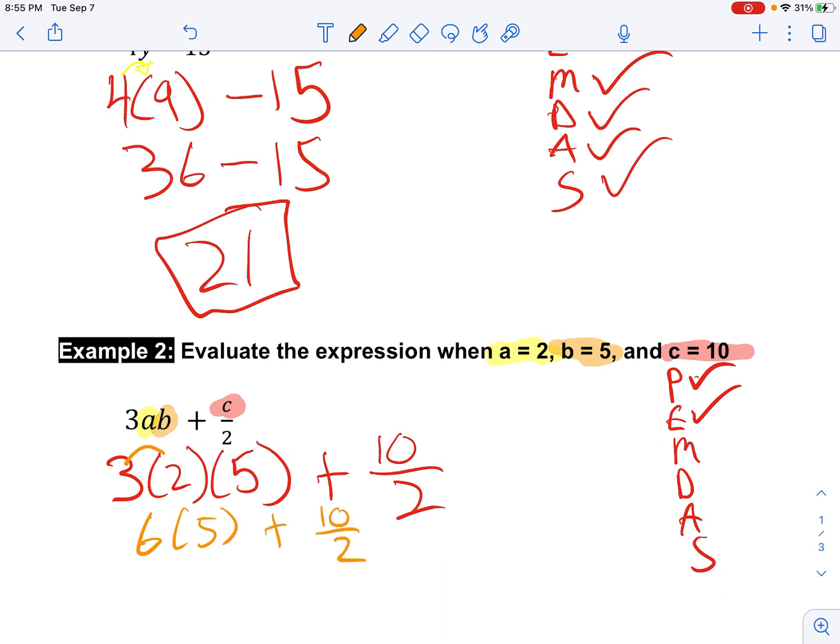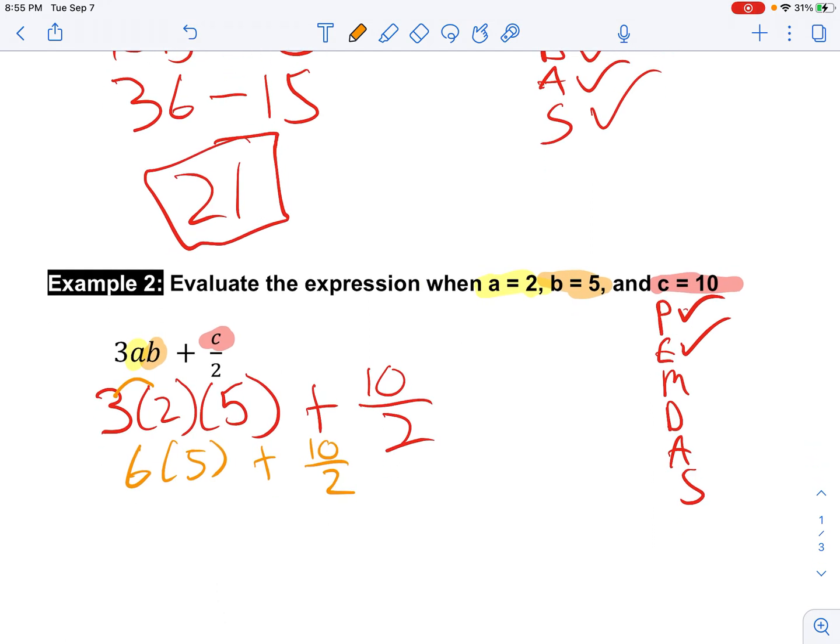Now, this is super important in algebra, okay? Only do one step at a time. So now if I look, hey, I still have more multiplication to do. I can do 6 multiplied by 5. So 6 times 5 is 30, and I'm still going to write everything else. We only want to do one step at a time.